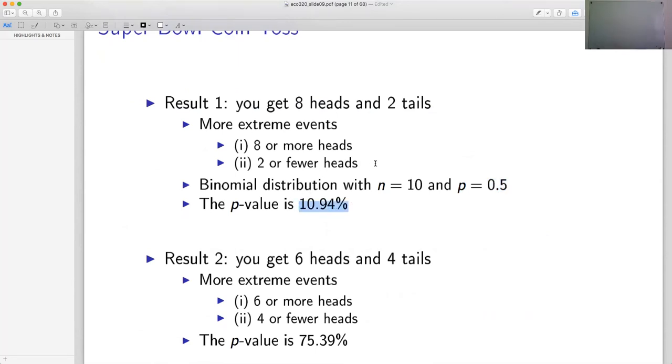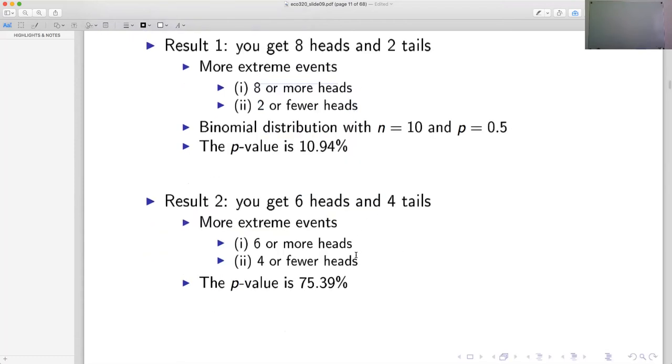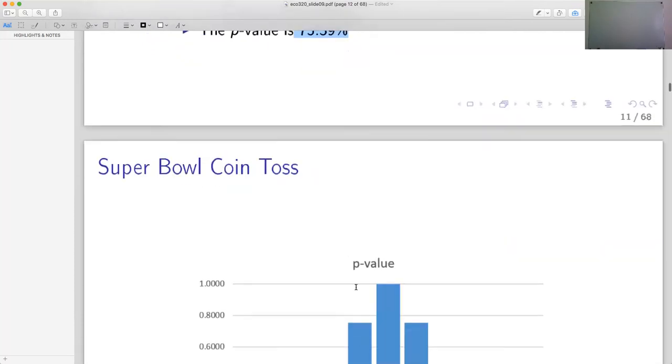So the probability that when you flip it 10 times you get 8 or more heads, meaning 8, 9, or 10, is 10.94%, since you add all those probabilities. That is the concept of a p-value. If you get 6 heads, then 6 or more includes 6, 7, 8, 9, 10, which already includes the previous case, so it's a subset of this. It's going to be 75.2%, a huge probability.